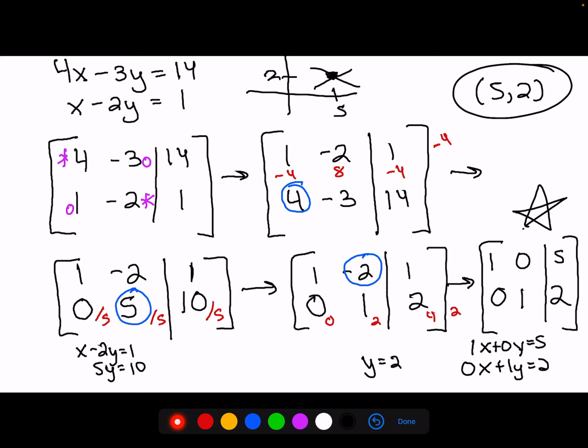So this form is called reduced row echelon form. So that's what that's called when you get it down to there.